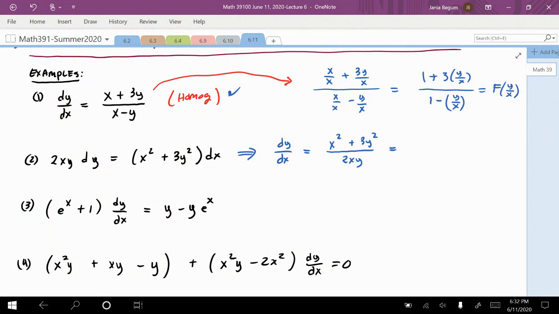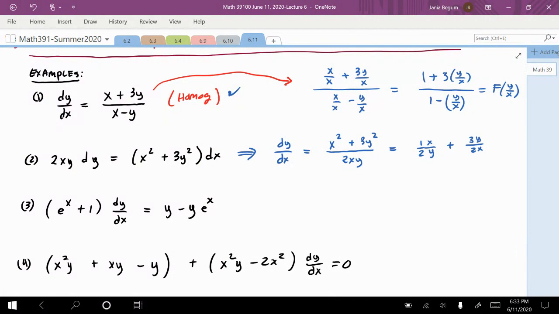So we get 1 over 2 times x over y, plus 3 over 2 times y over x. So I can simplify it before dividing it by x squared.